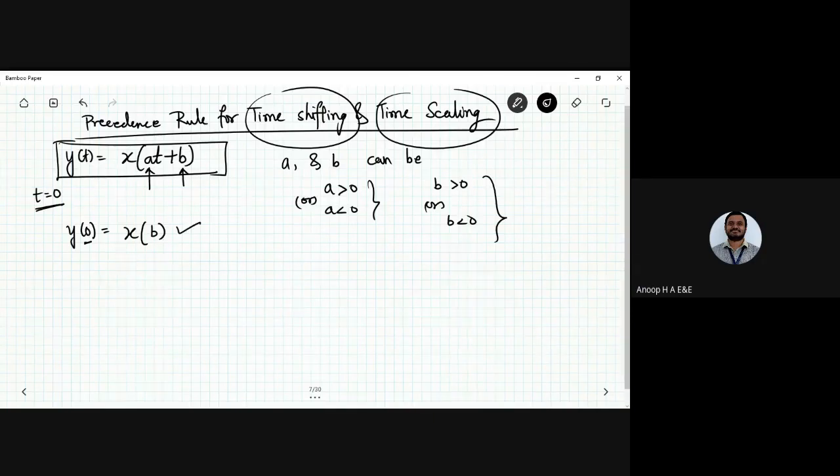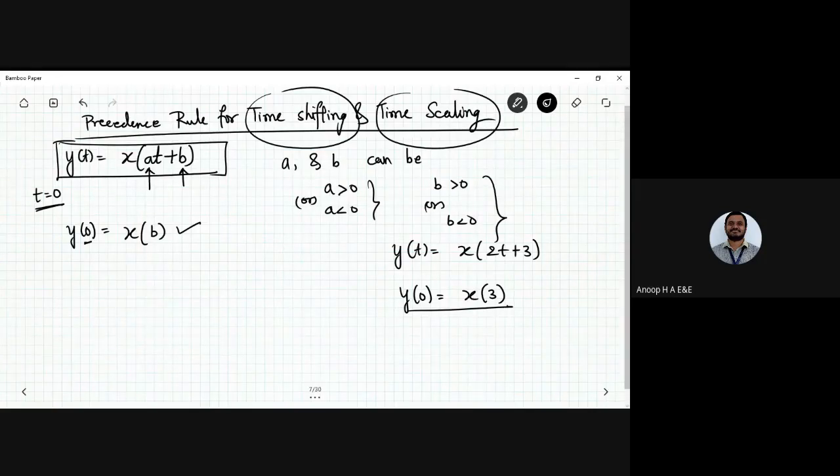This constant term is equal to y of 0. For example, if I want to write y of t equals x of 2t plus 3, I have to verify y of 0 would be equal to x of 3. If you are modeling a signal, you should have the value y of 0 equal to x of 3.